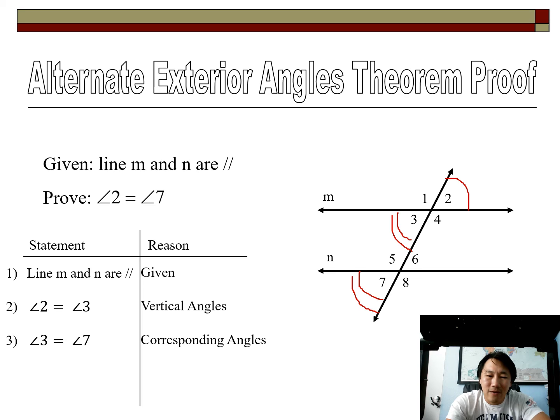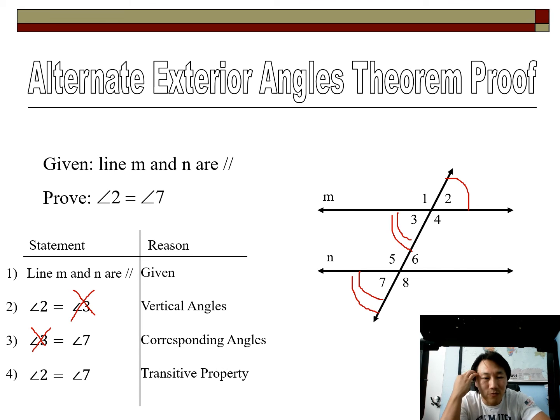And then here we have this thing where 2 is equal to 3 and 7 is equal to 3. So if we take away the middle thing they have in common, we can say that angle 2 is equal to angle 7 because of the transitive property. So this is kind of like the last proof we did.